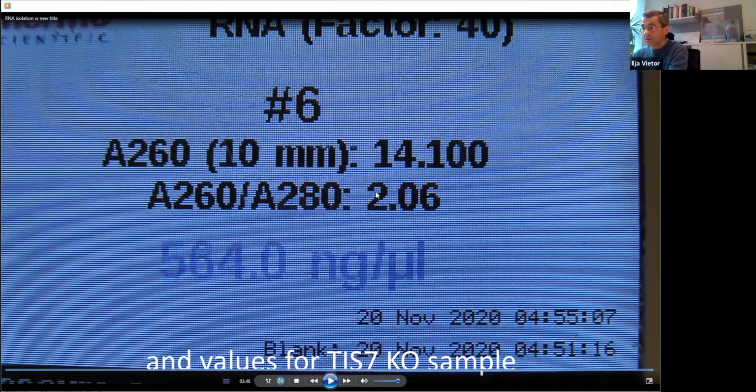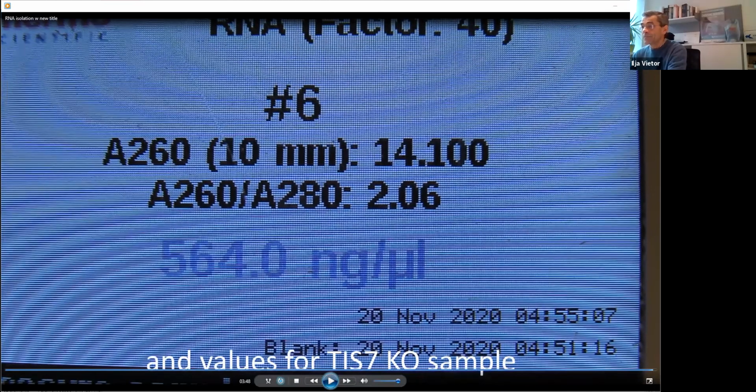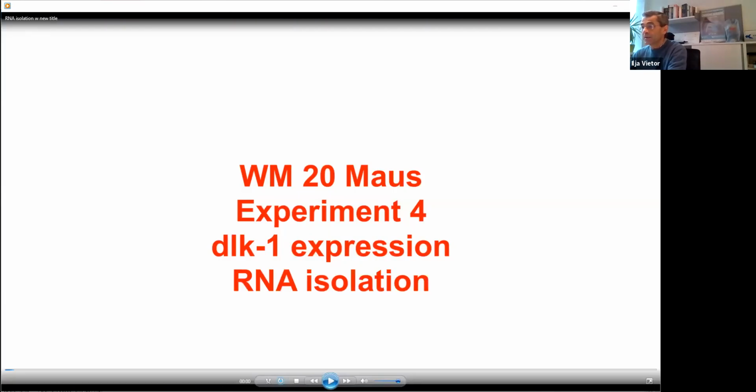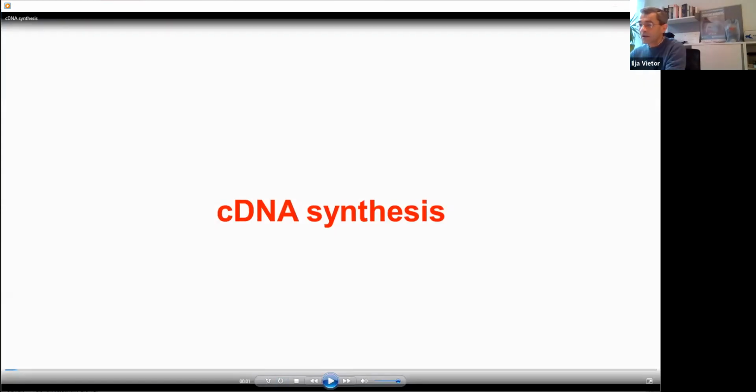The quality of the sample is exactly as good as the first one, which is very important because we don't have degradation, and that gives us a good chance for further parts of the experiment, for the determination of expression of the gene of interest. So that was the first part of the experiment, the RNA isolation.